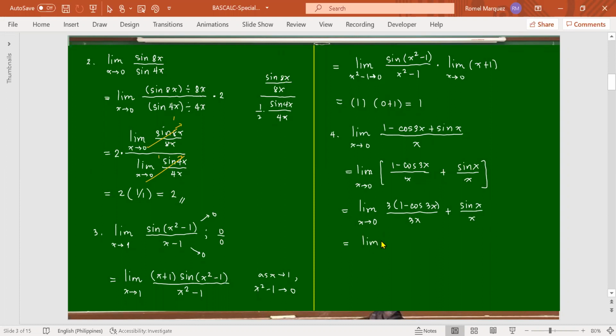So, I can now have limit of 3 as x approaches 0, then times limit as x approaches 0 of 1 minus cosine 3x all over 3x plus limit of sine x over x. Am I correct, guys? Yes, po. As x approaches 0. So this is 3, but the limit of this is 0. Di ba? I have 1 minus cosine bx over bx, x approaches 0, the limit of that is 0, plus 1. Therefore, the limit is 1.